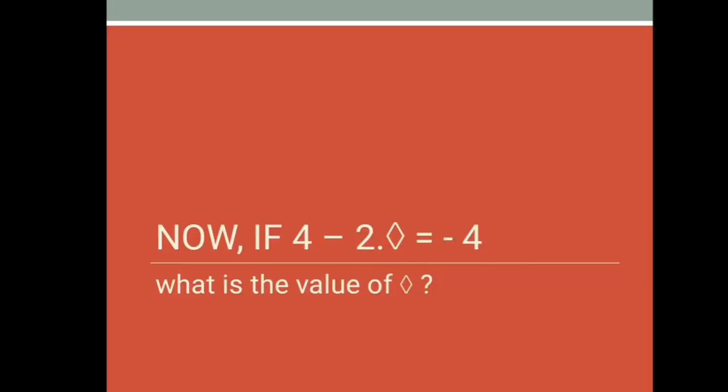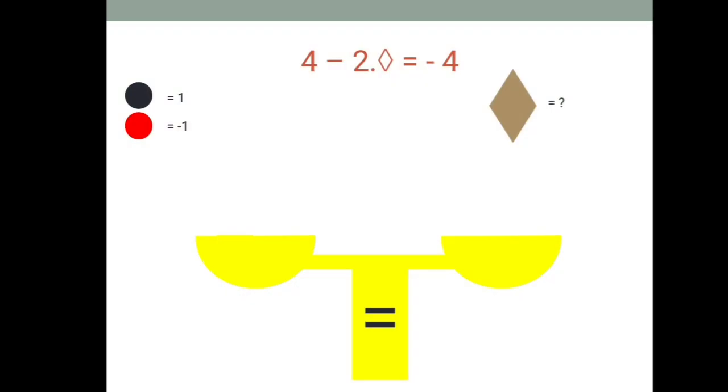Okay, now if I have the equation 4 minus 2 times rhombus equals minus 4, what is the value of the rhombus? And what is the process to get the value of the rhombus? Just as before, we interpret the equation on the scale visualization.